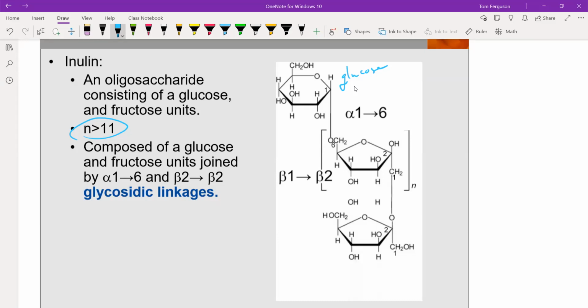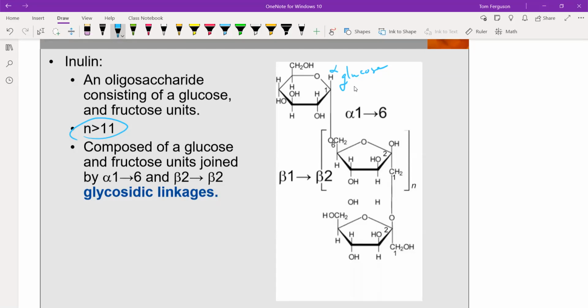We start with glucose, and the original anomeric OH is going down. So we're starting with alpha glucose. Here we have fructose and carbon number 6, and that is free swinging. So the first linkage is alpha 1,6.